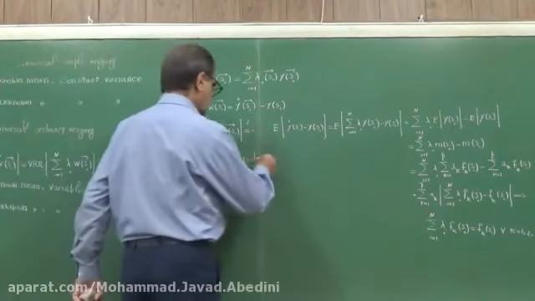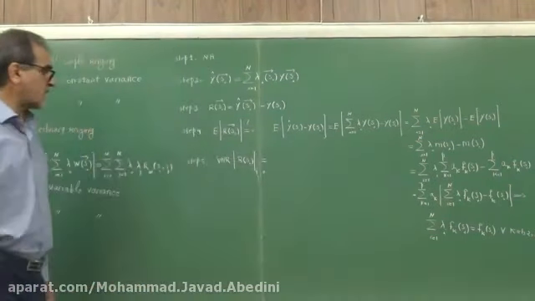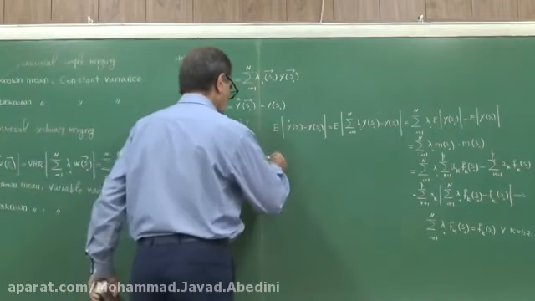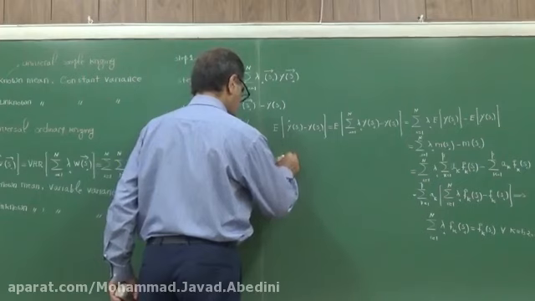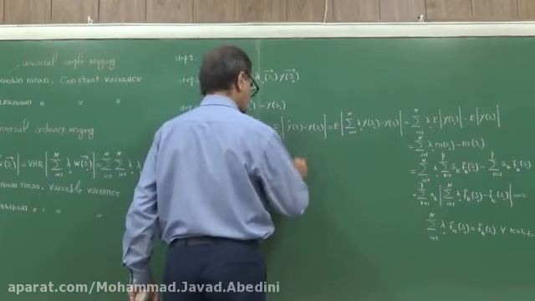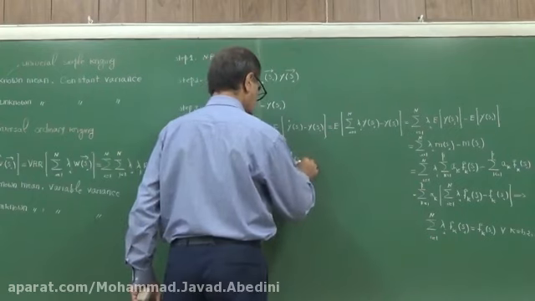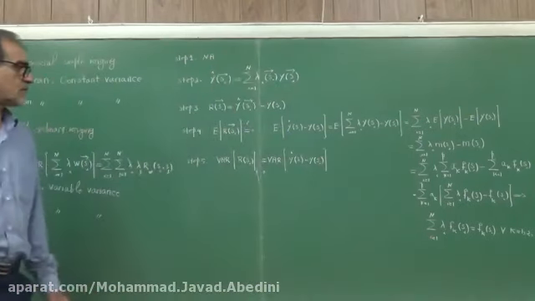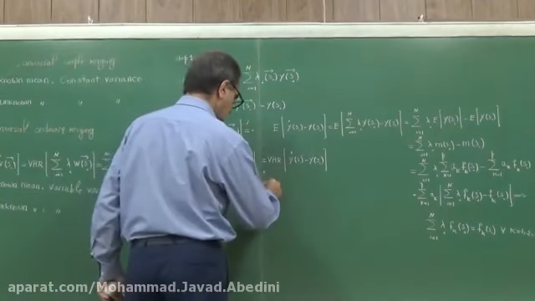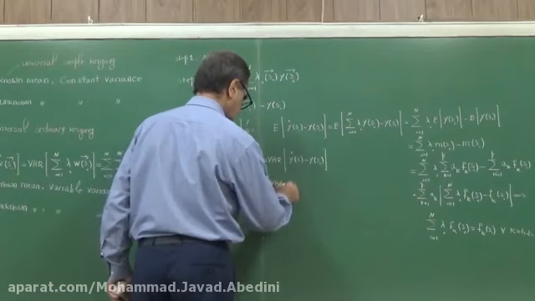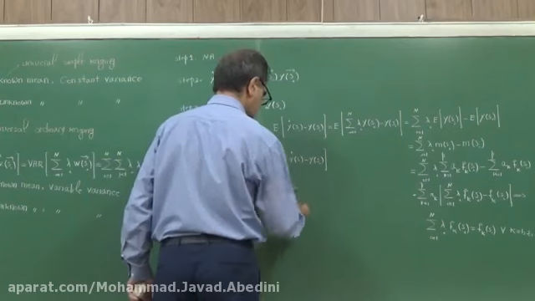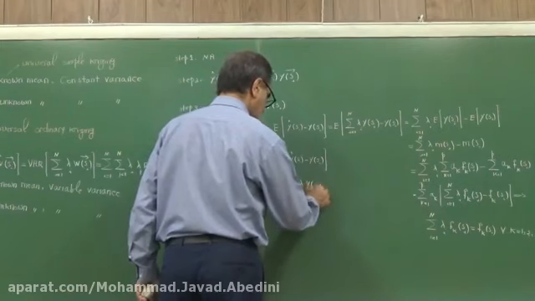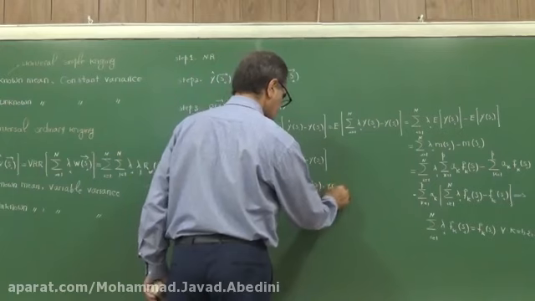Variance of the residual can be written as variance of this minus, and then this can be written as summation i from 1 to n, lambda i, y at s_i minus y at s0.